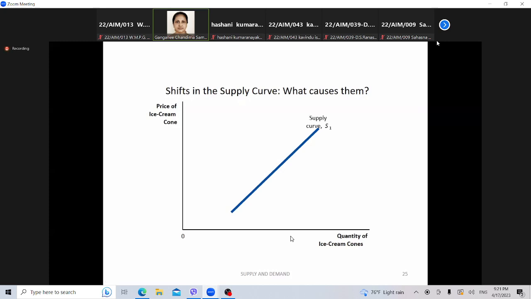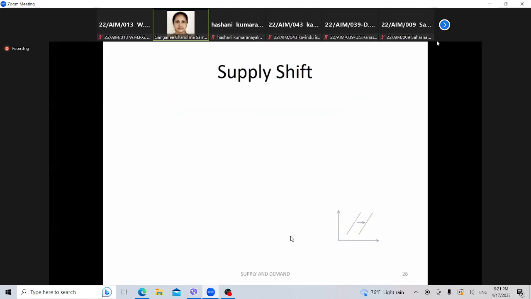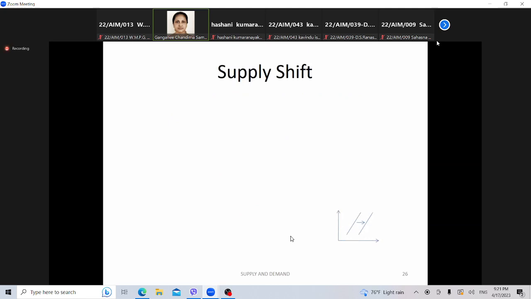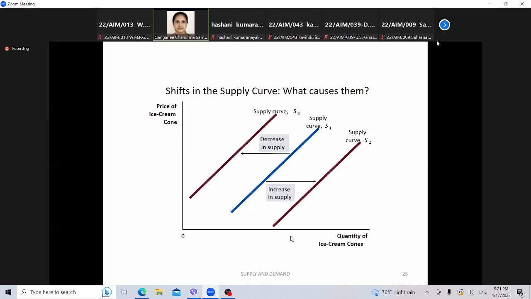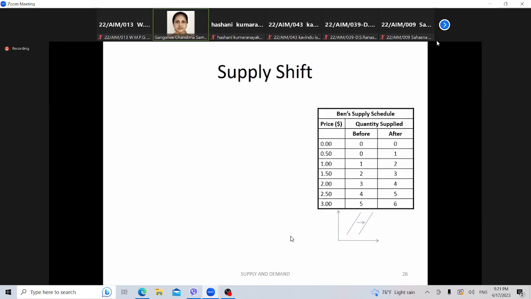Okay. So let's say the first supply curve is S1, then an increase in supply to S2, then a decrease in supply to S3. So three situations. Okay. Here I want to say supply can be increased or decreased, both. Okay. Then supply shift.